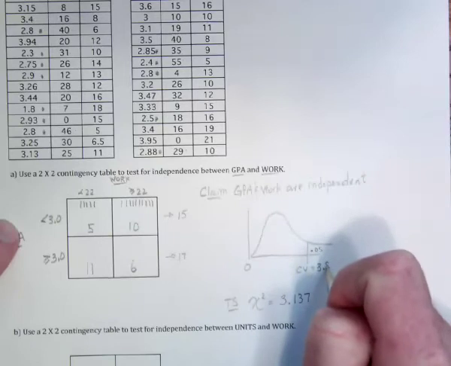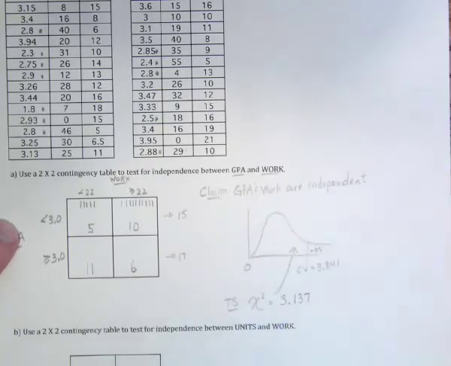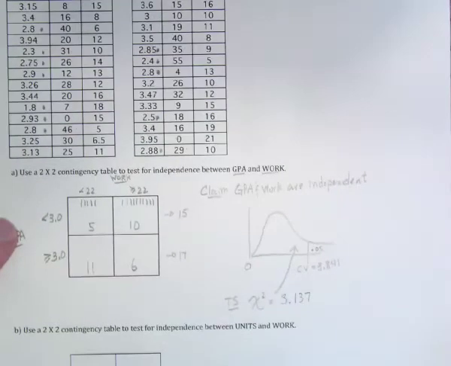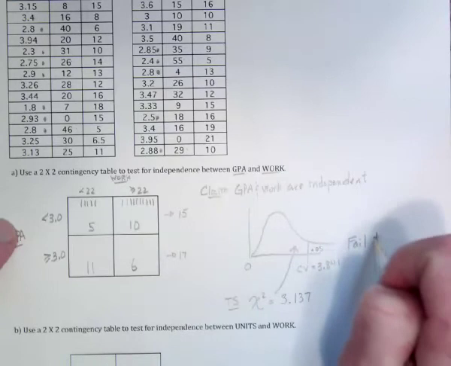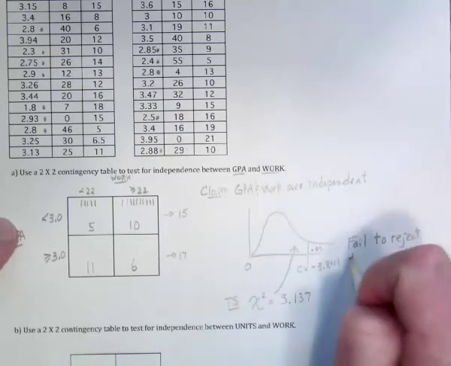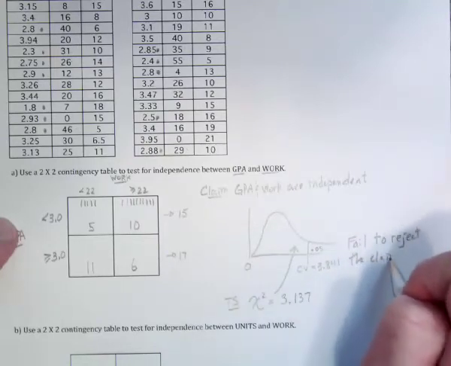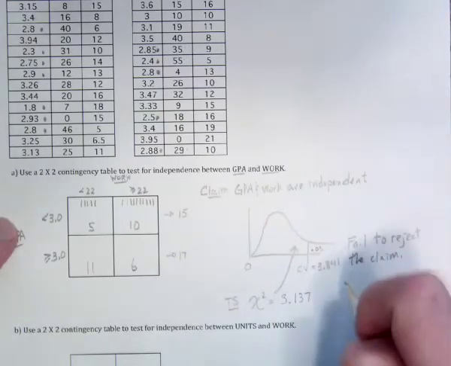And then our test statistic lands close to it, but no, fail to reject is the result. So fail to reject the claim. And so that means there's not enough evidence to prove anything.